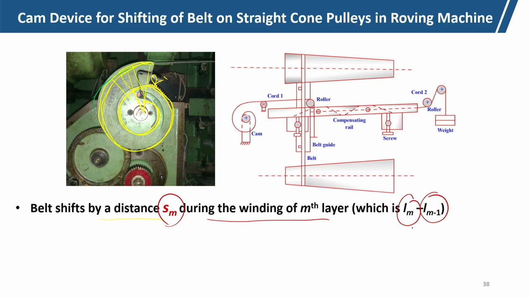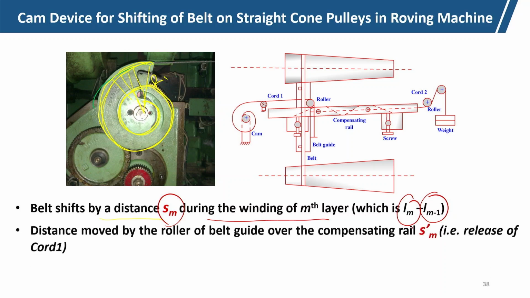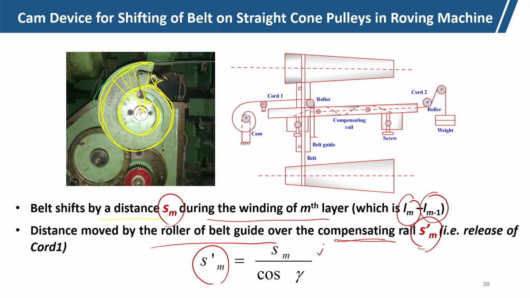The distance moved by the roller belt guide is compensated by the compensating rail, S dash m, the release of the cord. S dash m will be equal to Sm by cos gamma.